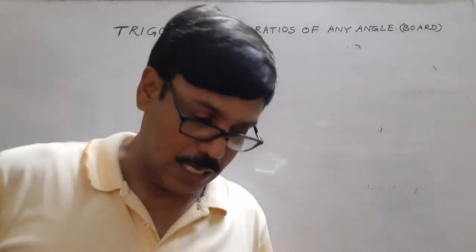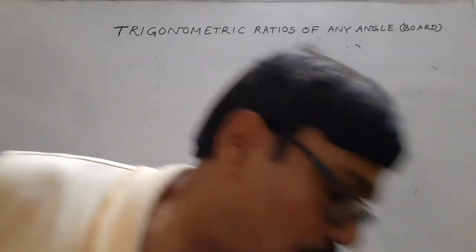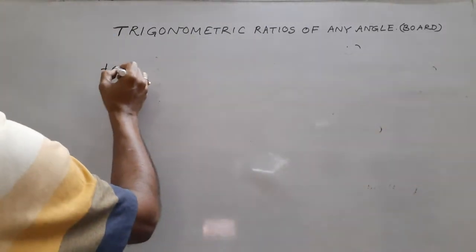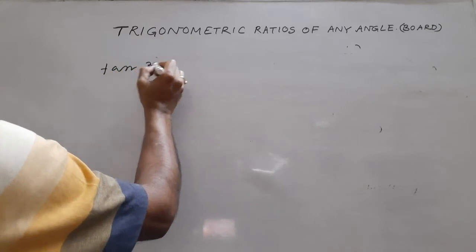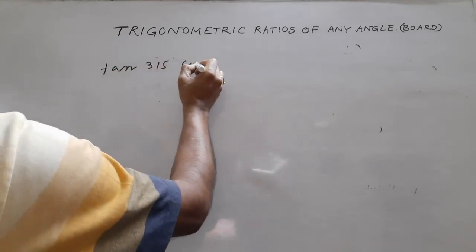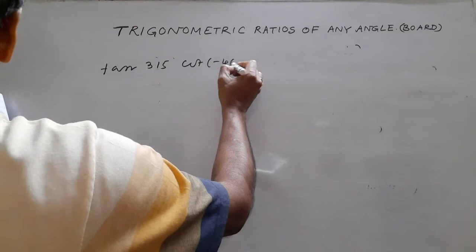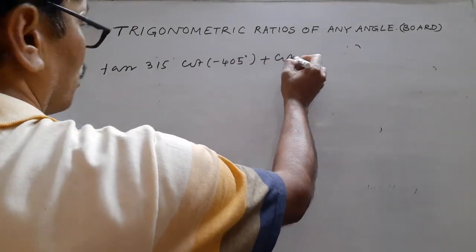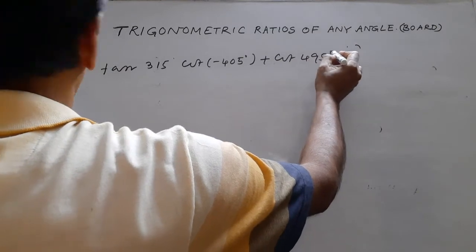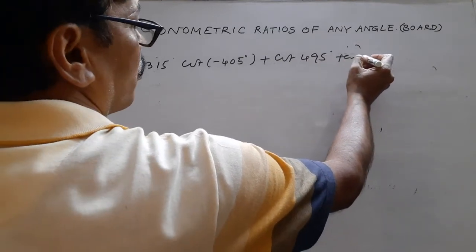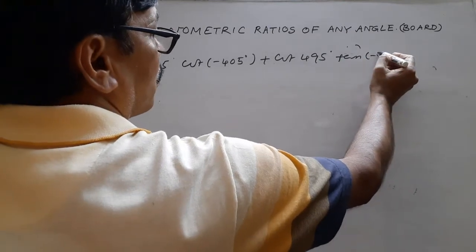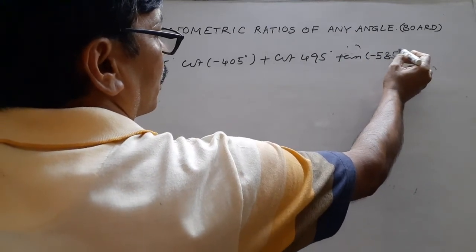Now we solve a problem. tan 315 cot minus 405 degree cot 495 tan minus 585 degree.